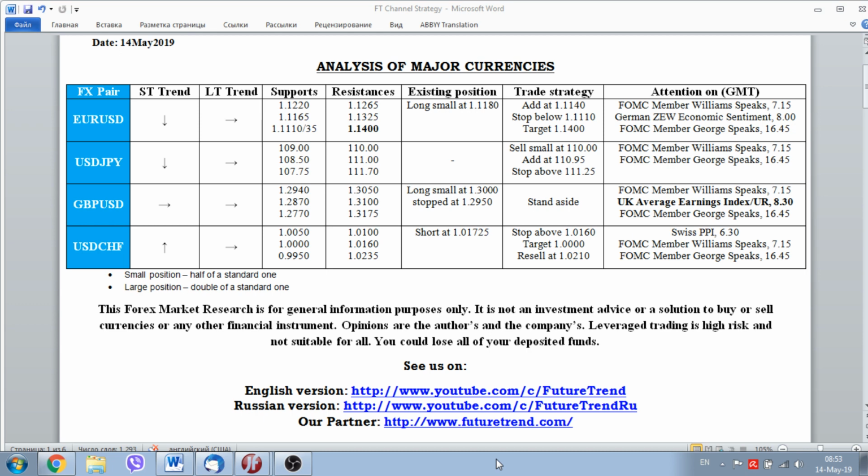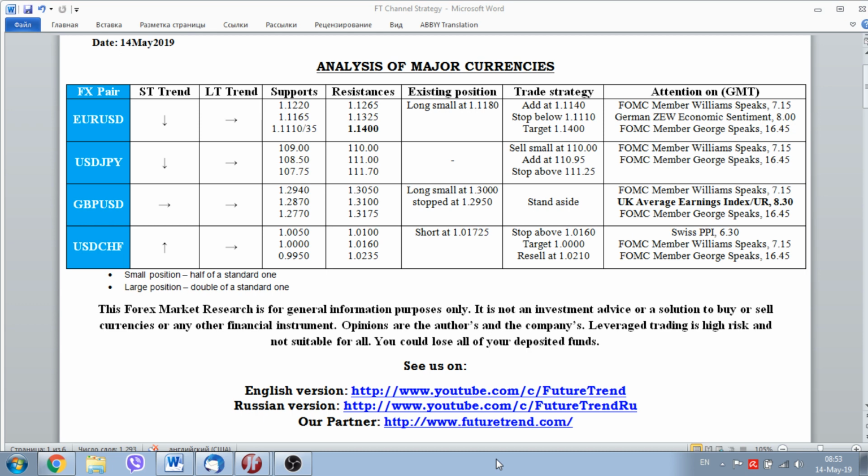As you know, last week, the United States decided to impose higher tariffs on imported Chinese goods, and in retaliation, the Chinese side also decided to impose higher levies on 60 billion of United States goods imported to China. And of course, it does not bode well for the risk appetite in the market.